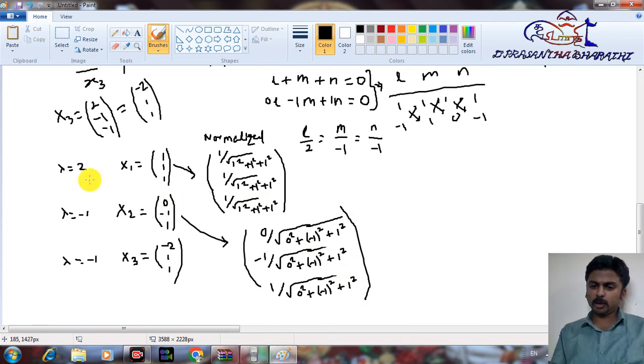So now we understand how to write this normalized form. You know how to write this in normalized form, so I don't want to show it again. So now I am writing here itself.